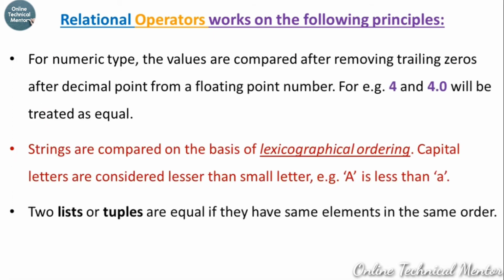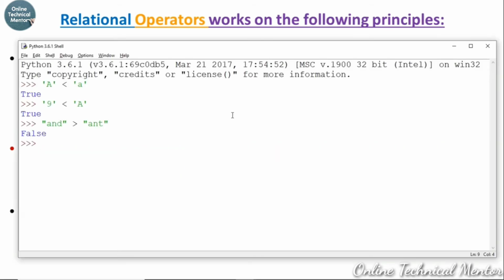Now, two lists or tuples are equal if they have the same elements in the same order. That means if you write, say, 1, 2, 3, this is a list. Let's check with 1, 2, 3. This is also a list, and both lists are identical, and it will give you a true value.